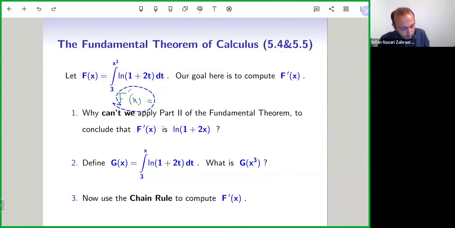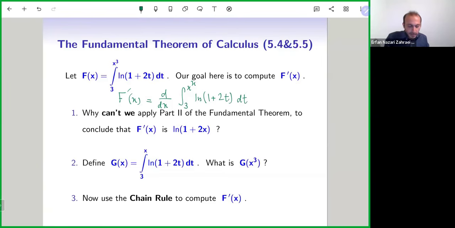In other words, what I'm computing is the derivative with respect to x of the integral from 3 to x cubed of ln(1 plus 2t) dt. What is this derivative? I first check: that's a constant. The upper limit is not exactly x, it's x cubed. So I need to use the chain rule.